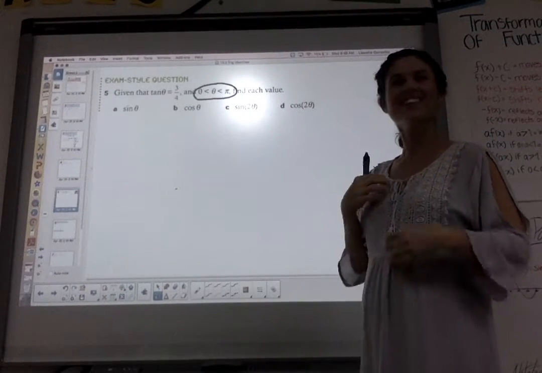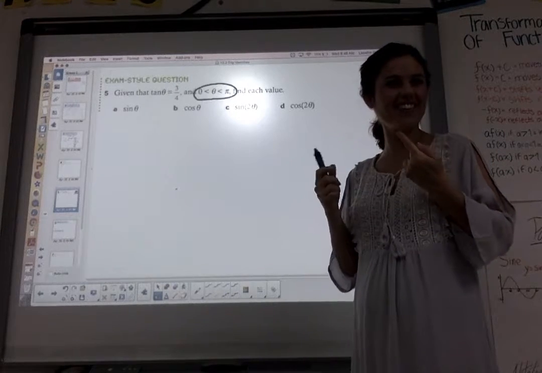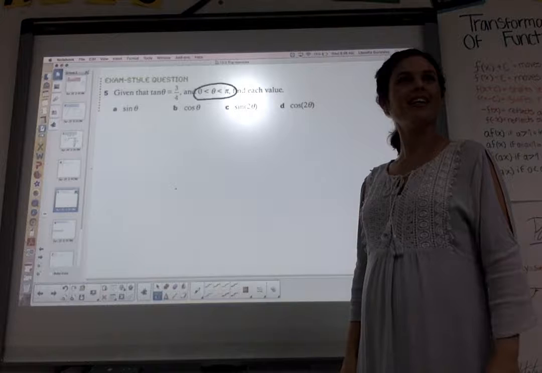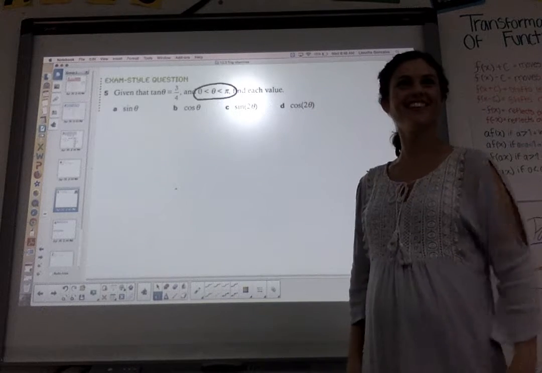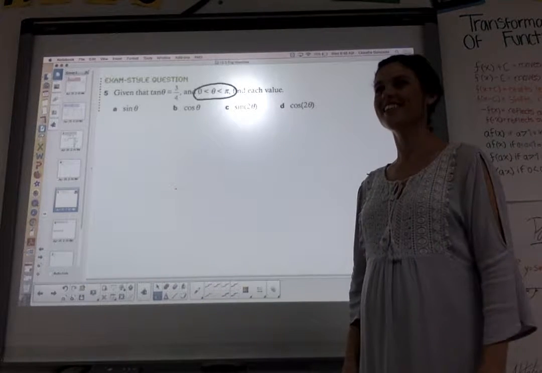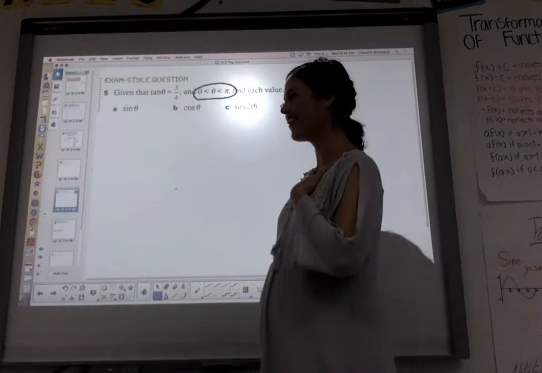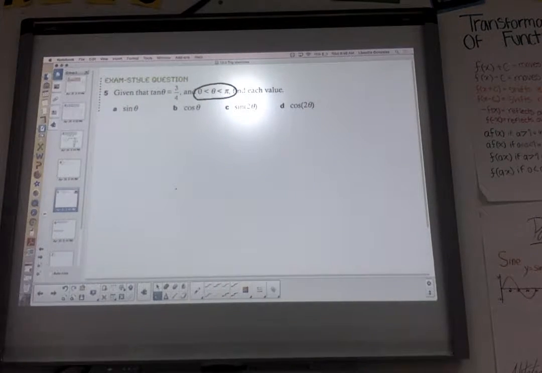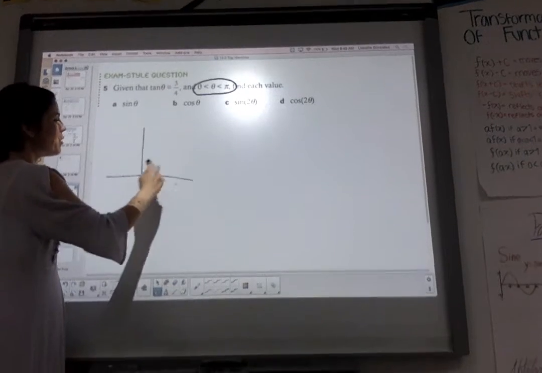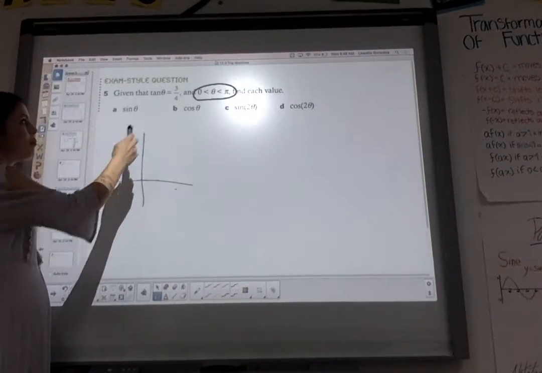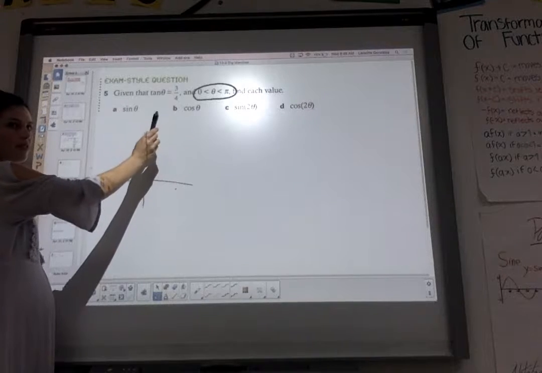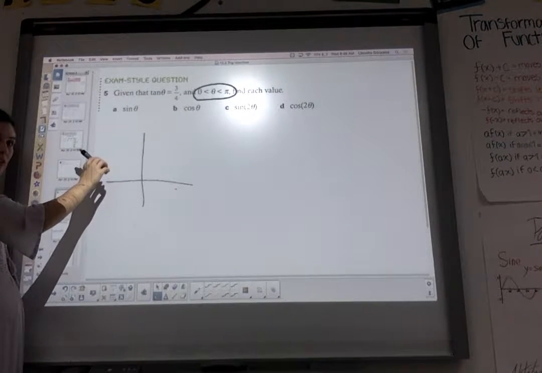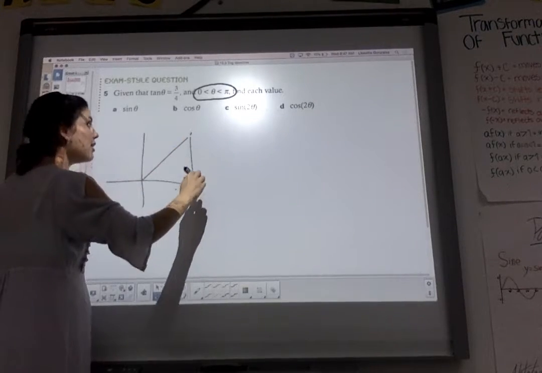Very good, Diego. So we know it's in the first or second quadrant, but because tan is positive in the first quadrant and negative in the second quadrant, it's got to be in quadrant one.